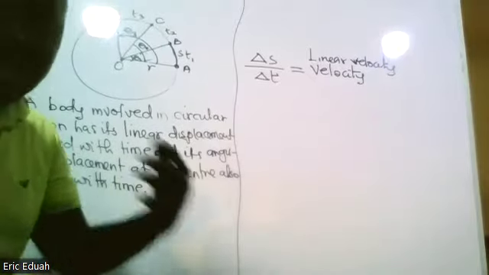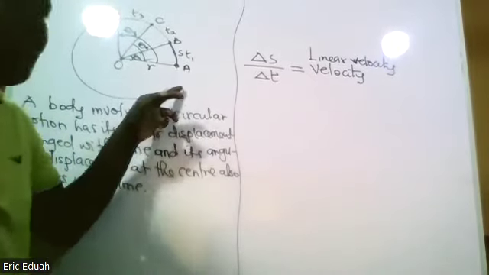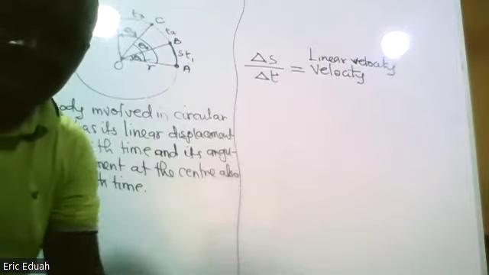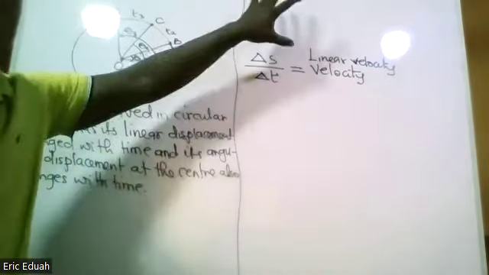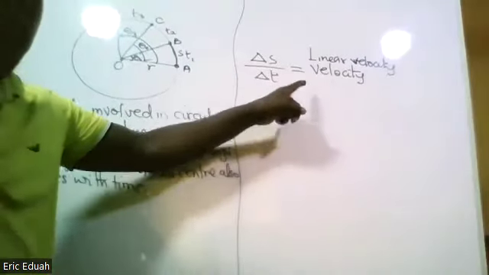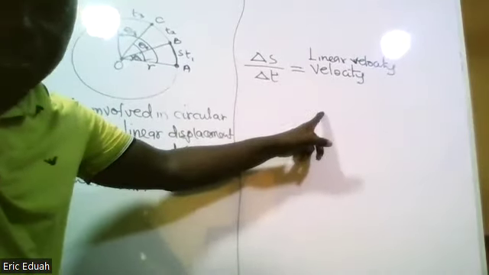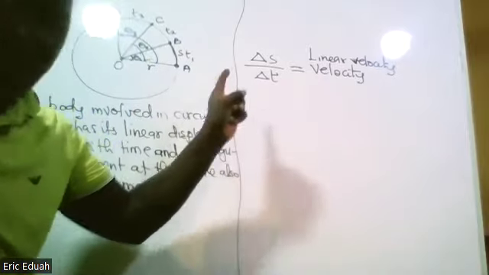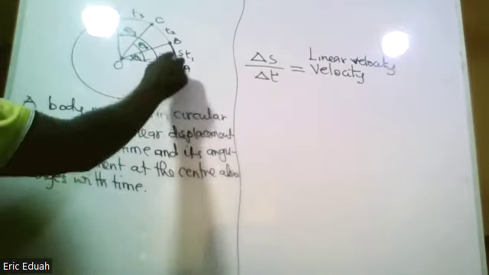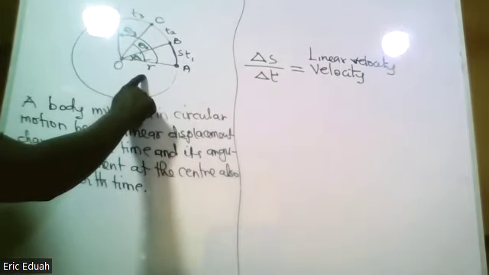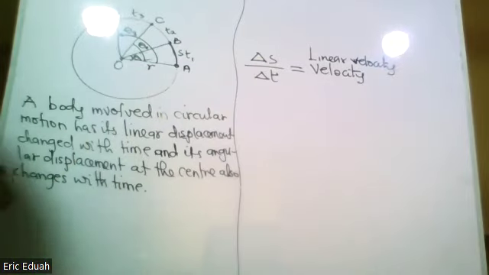So once its displacement within the circumference changes with time, it amounts to linear velocity. But this linear velocity occurs within the circumference. Now, at the same instant, we realize that as its displacement changes, its angle at the center also changes.